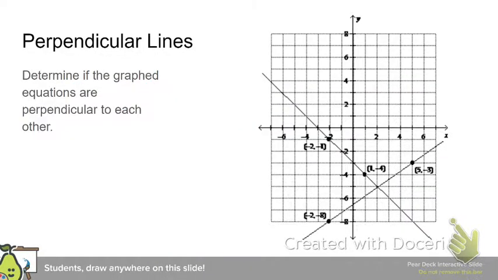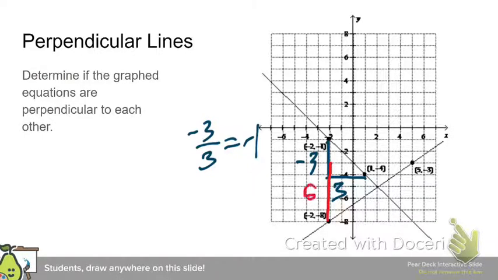So if I want to determine if these two lines are perpendicular, I would do like I did with parallel, and I would find the slope. So this is going to be -3 over 3, which is a slope of -1. And then for the second line, we have a rise of 5 and a run of 7.